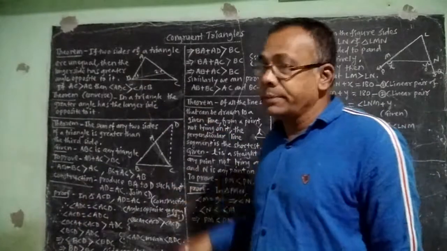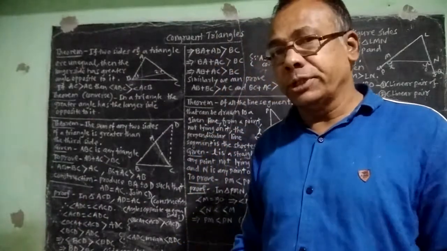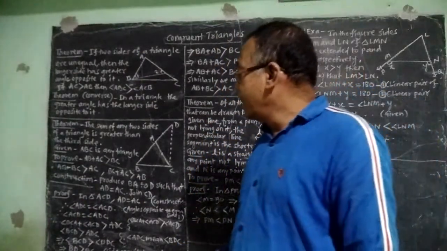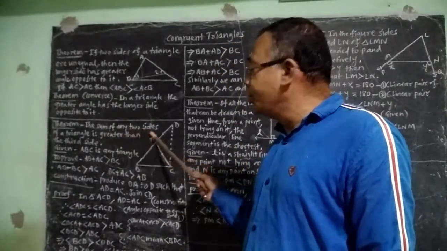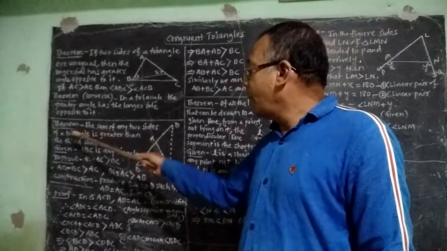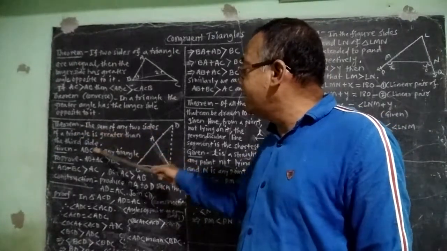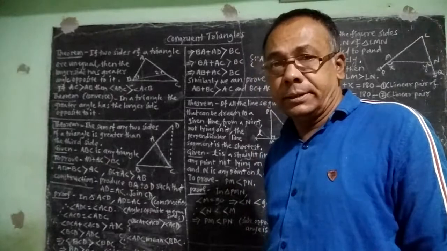So these theorems we have seen last time, and now our next theorem is that the sum of any two sides of a triangle is greater than the third side.